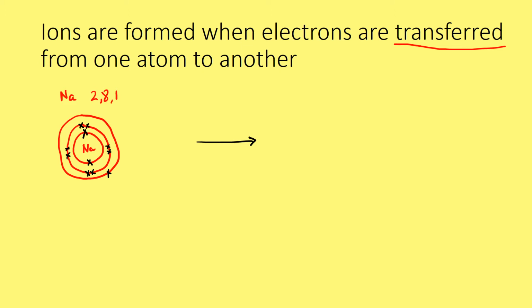So that's a sodium atom, and when it forms an ion, it's going to get rid of that outer electron. It's not very tightly attracted to the nucleus. So that's the first shell, that's the second shell, that's the third shell, and of course the electrons in the 2 inner shells are unaffected. But in the third shell, there is no electron.